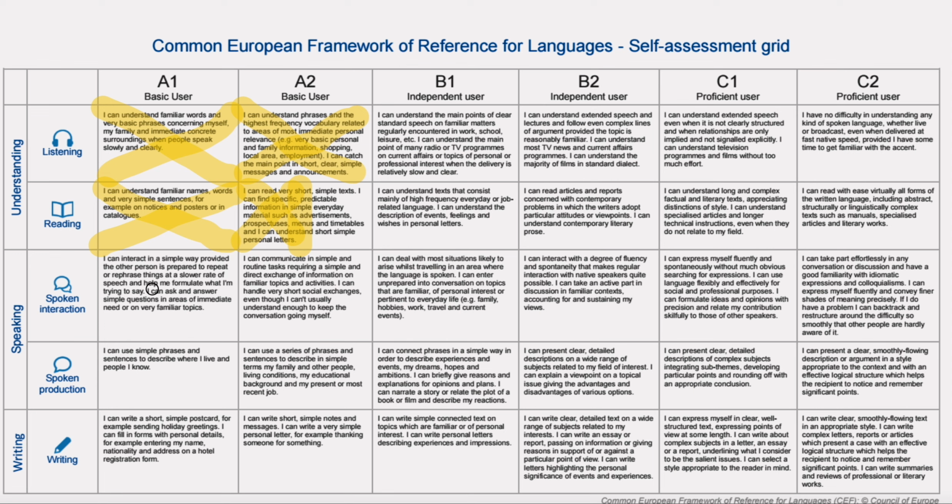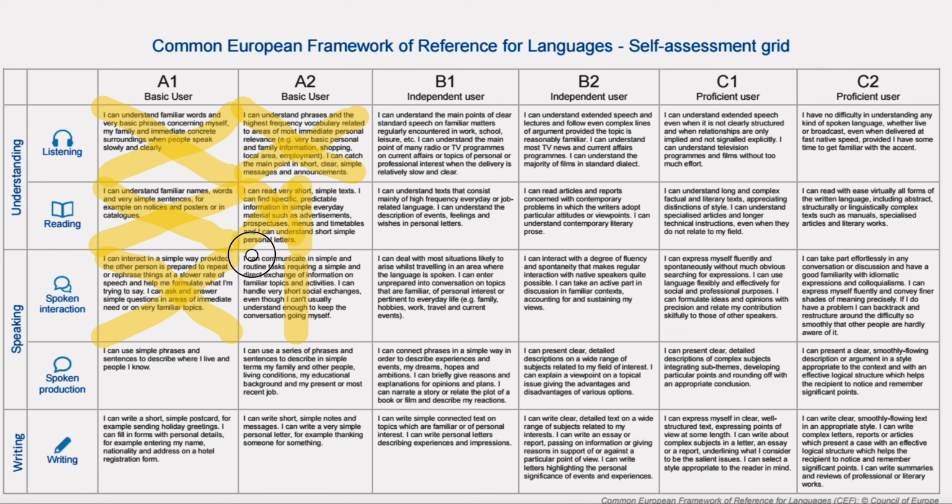Spoken interaction: I can communicate, provided the other person is prepared to repeat and rephrase things at a slower rate, definitely. Communicate simple routine tasks, kind of, some of the time.